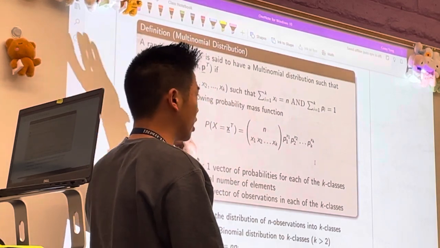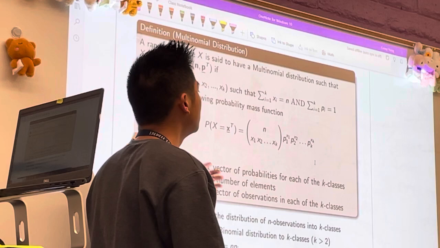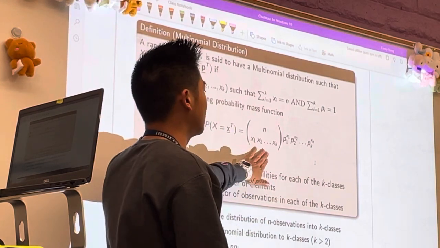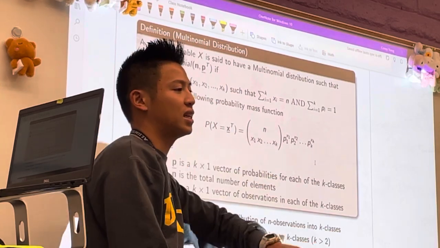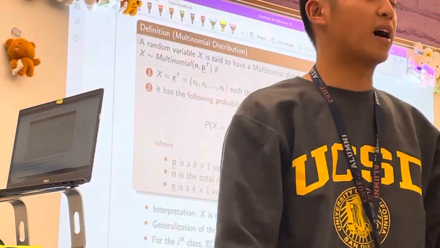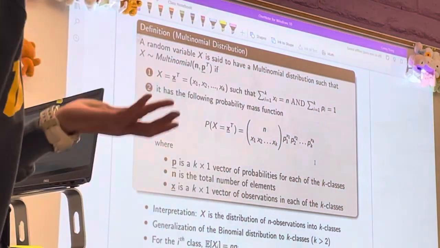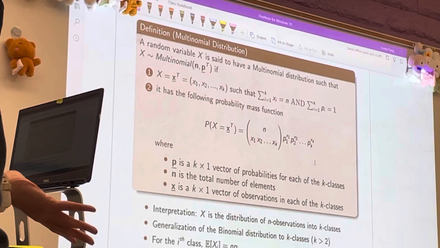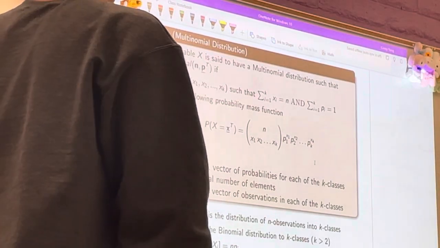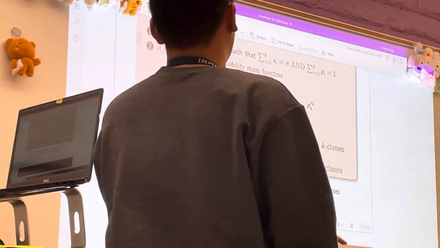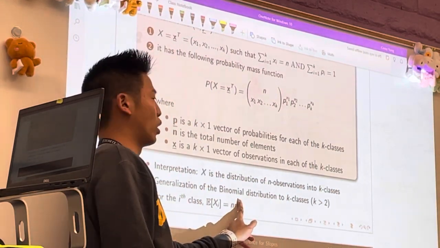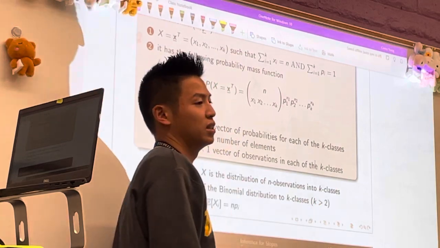So this does require more linear algebra knowledge, but if you don't know it, don't worry about it. The idea here is that now I could classify my data not in just successes and failures, but across multiple classes. So the multinomial distribution is just a generalization of the binomial, where the number of classes is more than 2.